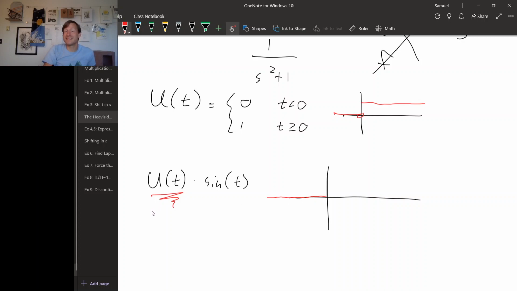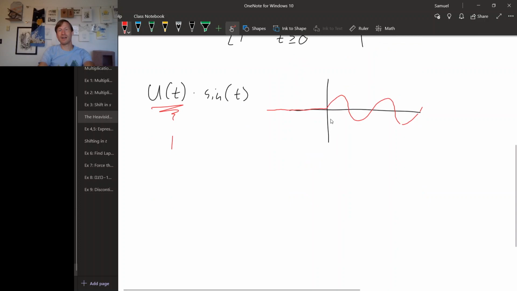But then at t equals 0, the step function all of a sudden turns into 1. And so for positive t values, it looks like 1 times sine of t, and that's just sine of t. So the effect of multiplying by the step function is to cut off the past, zero out whatever happens in the past. So if we want to shift sine to the right, we should really multiply it by the step function first.